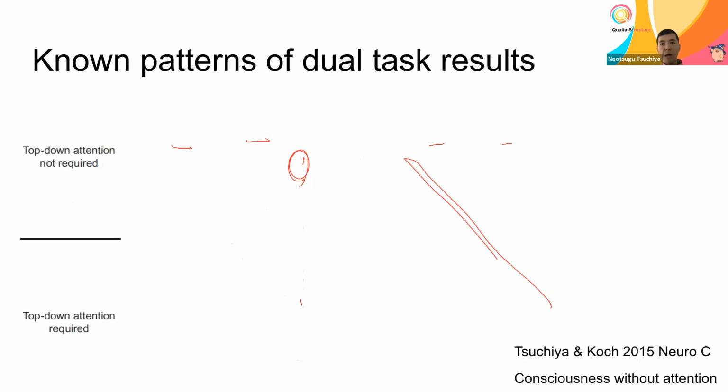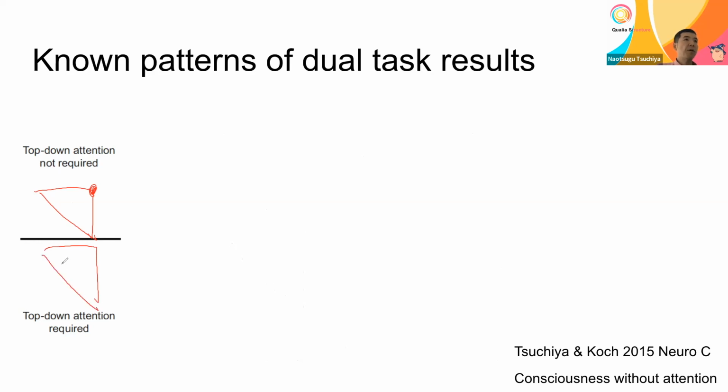At some point, we reviewed the pattern of this dual task result in the past, and what we found was the following. In the top row, I list the tasks that do not interfere with each other, and at the bottom, the tasks that require a significant trade-off.